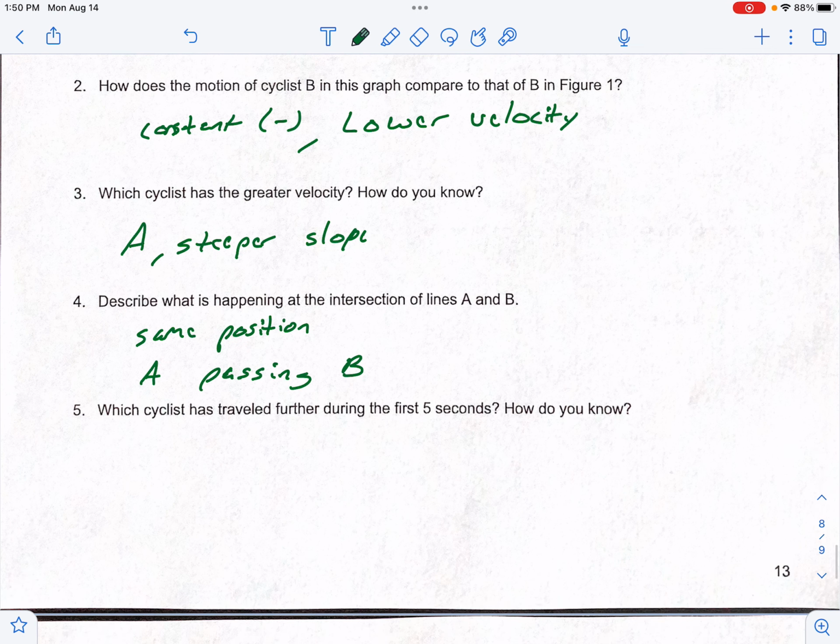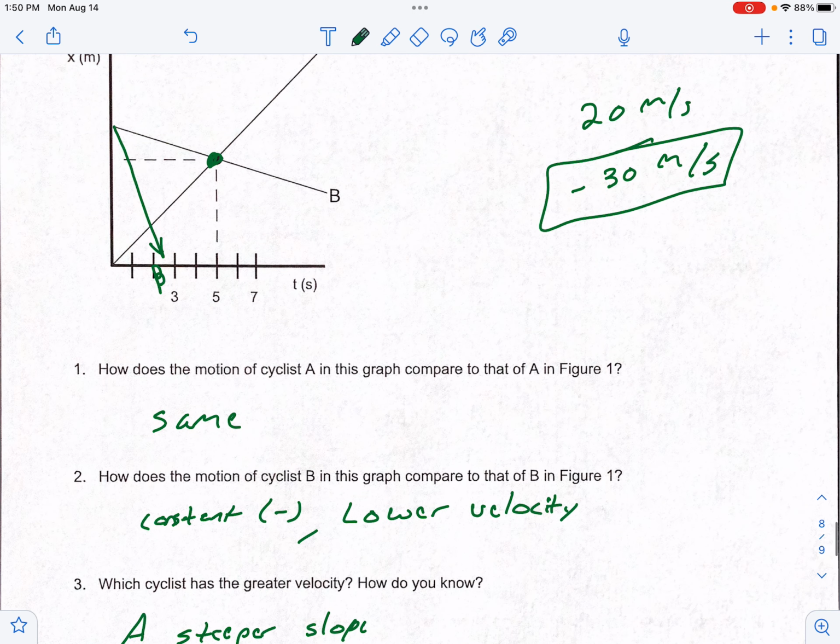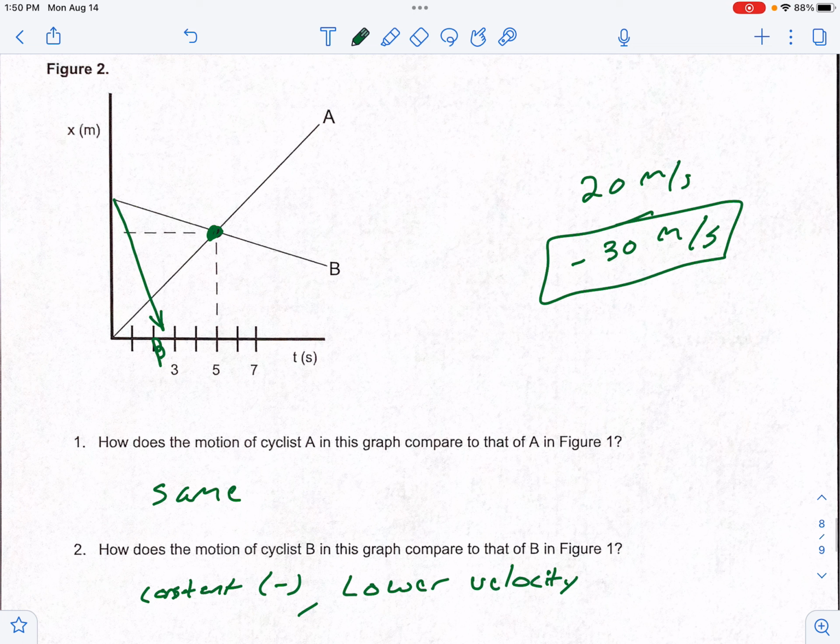Number 5, which cyclist has traveled further in the first 5 seconds? How do you know? So we want to know who has covered more ground in the first 5 seconds. So let me go ahead and clear up this line real quick. So if we look at line B, it started right here. Okay, and it basically just drops down that far. Okay, so not a huge change in position there. Okay, versus A in that first 5 seconds had to start at 0 and go all the way up here.